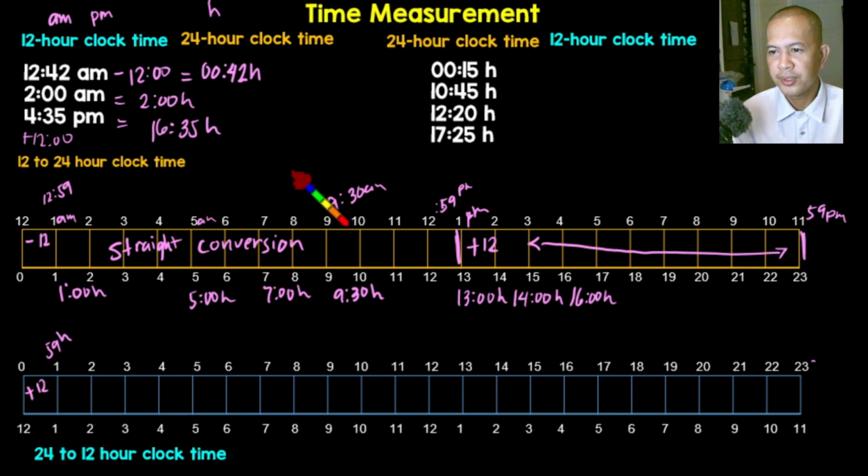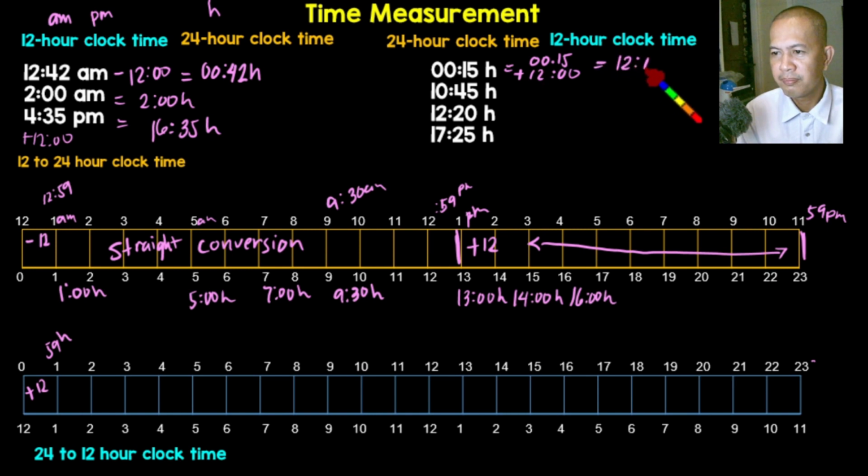For example, 15 hours, adding 12, you get 12:15 a.m. So that is the 12-hour clock time of 15 hours.